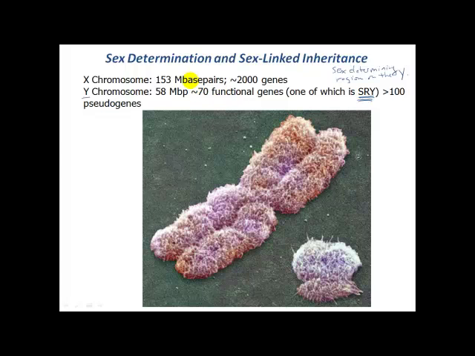So as we said before, females are XX and males are XY, all right? So what is the consequence of this? Well, where we see this really playing out is with recessive alleles.